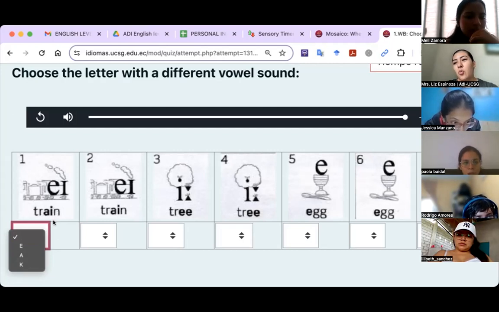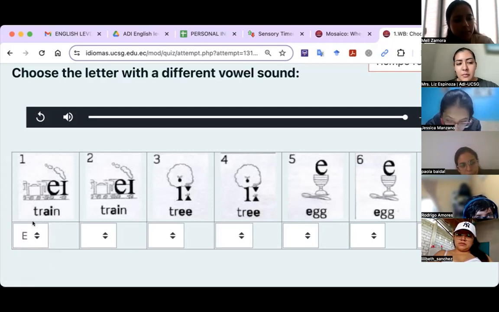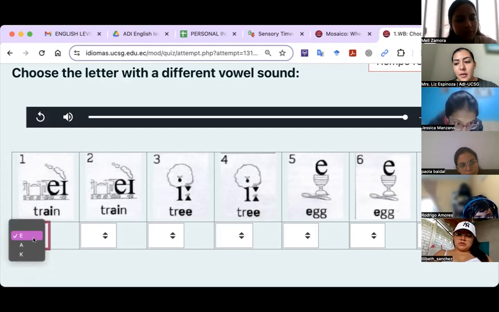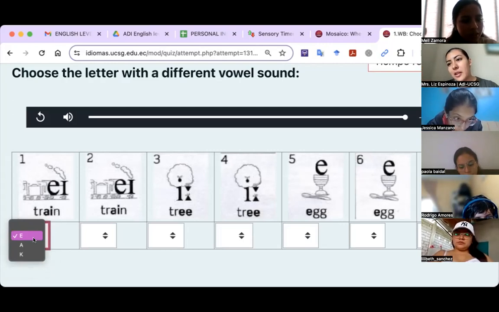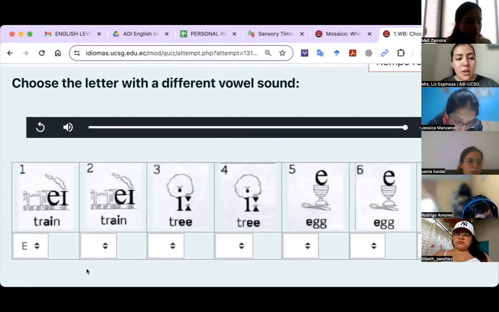Not the same word, but the same sound. I'm going to help you with the first one. E, because train sounds similar to A or K. You see, they sound very similar. But E is not the same, it's different.